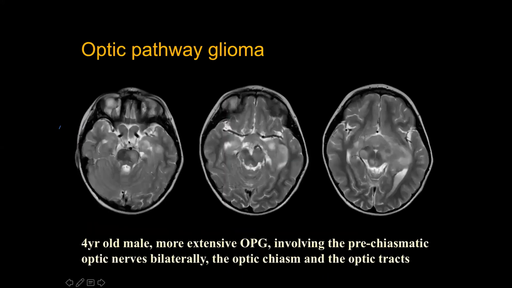Okay, a suprasellar lesion can also be due to optic pathway glioma. So you need to assess the optic pathway and see whether it's compressed by the lesion or actually involved. In this case, the prechiasmatic optic nerves are enlarged, the optic chiasm is enlarged, the optic tracts are enlarged, and it's tracking back towards the mesial temporal lobe. This is an optic pathway glioma.